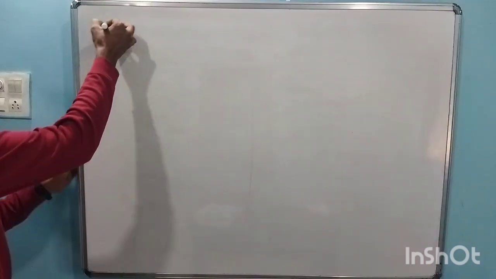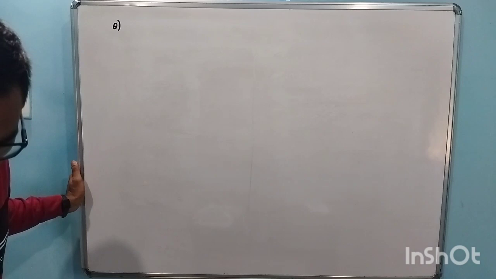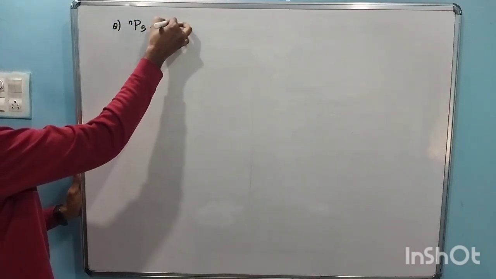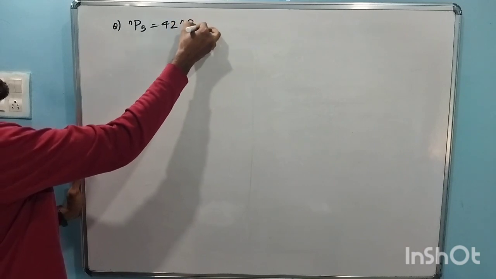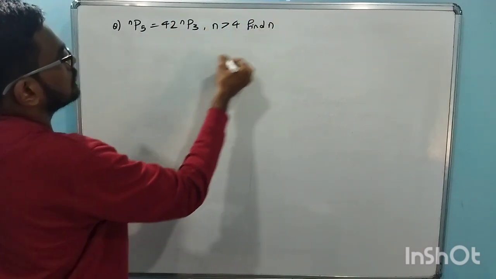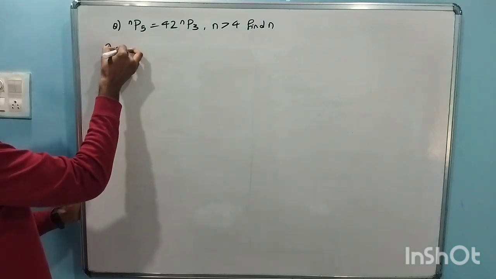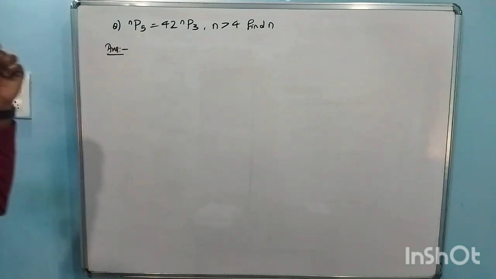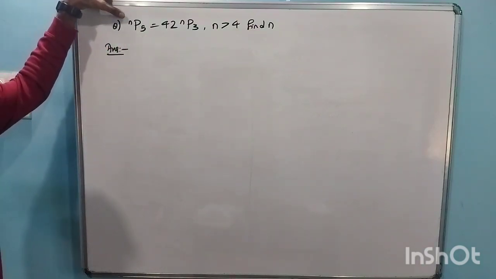Okay, so the question is like this: if nP5 is equal to 42 nP3, n greater than 4, find n. Okay, so n greater than 4 means n greater than or equal to 5. Okay, why n greater than or equal to 5?